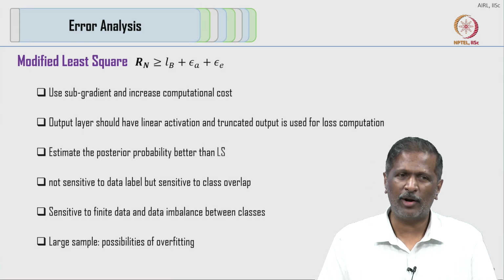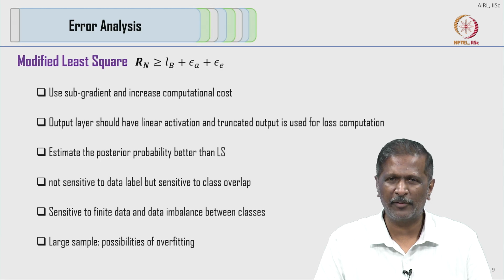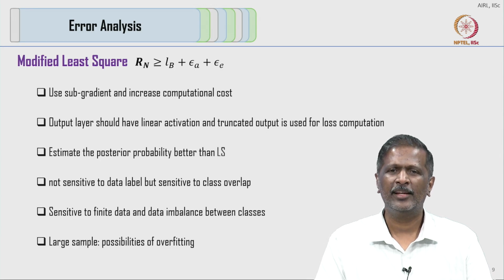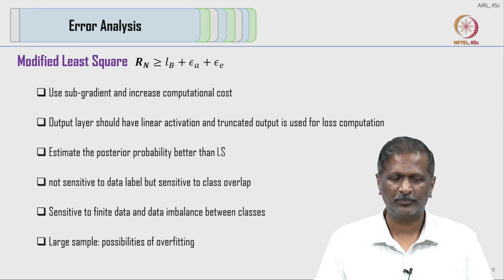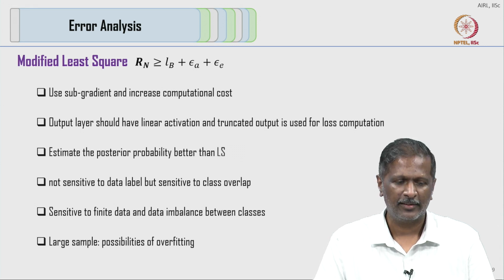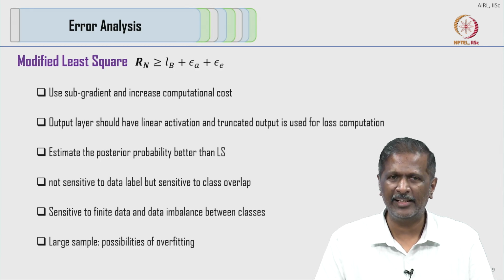Now let's look at the modified least square. The difference between the least square and modified least square is that you don't penalize when y times d is greater than 1. If you use the subgradient, it increases the computational cost, because the if condition comes into the picture for the gradient. So the output layer should have a linear activation function.